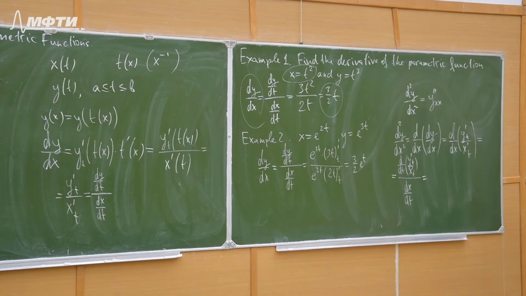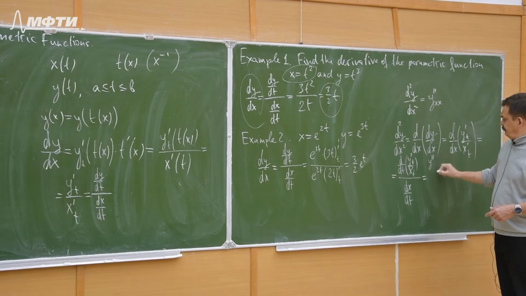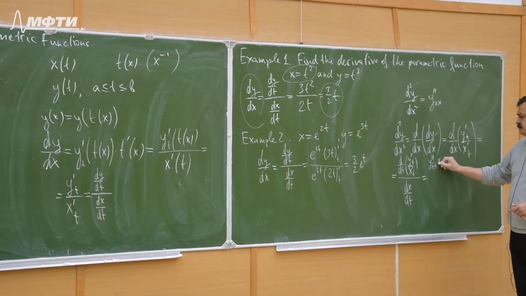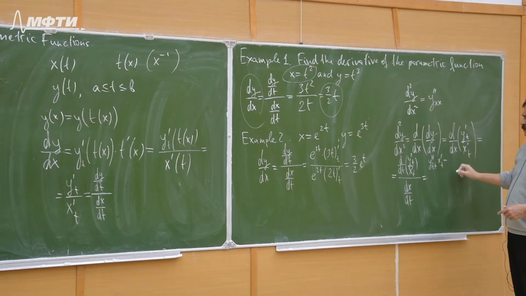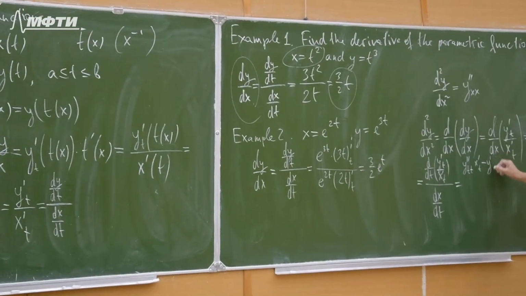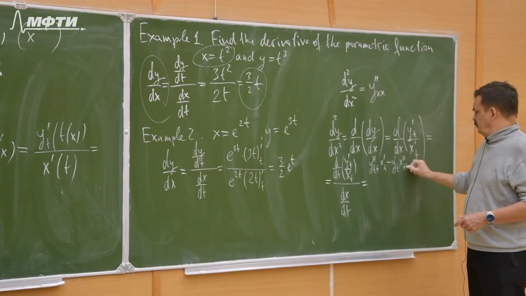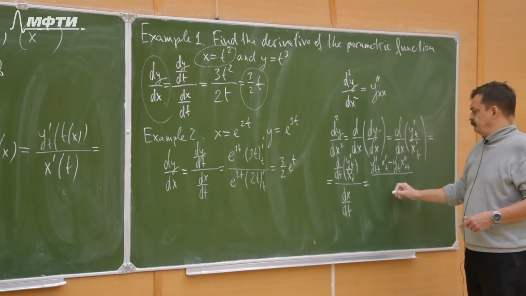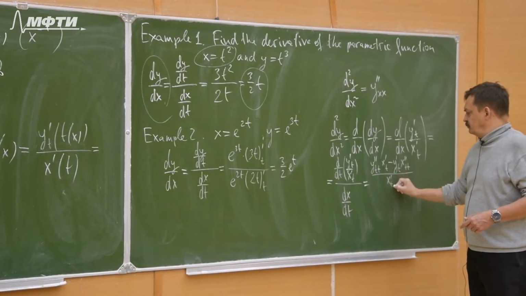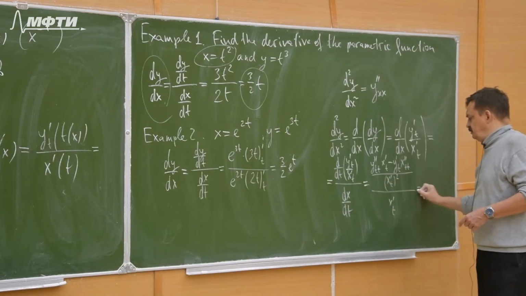So let us rewrite what it gives: the derivative of the numerator times the denominator minus the numerator times the derivative of the denominator, over x prime of t squared, all over x prime of t.